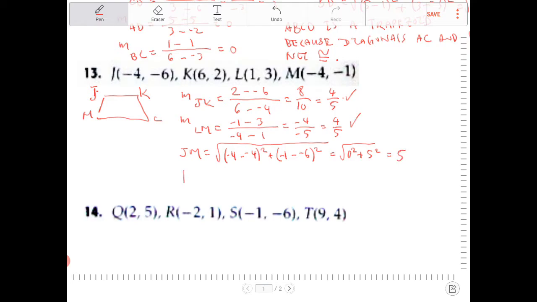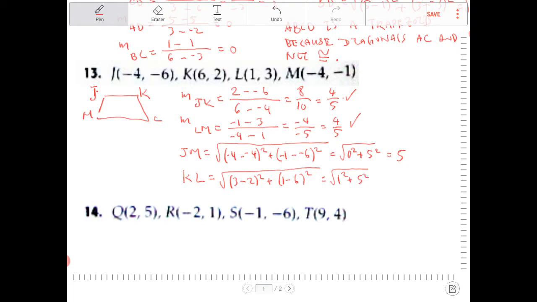And I'm going to do the same thing with KL. So KL is 3 minus 2 squared plus 1 minus 6 squared. And that is the square root of 1 squared plus 5 squared.